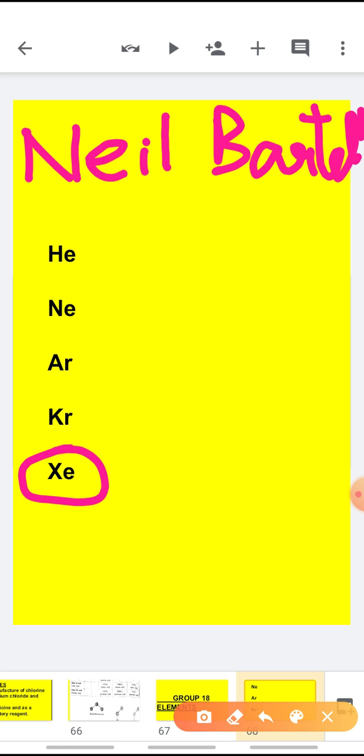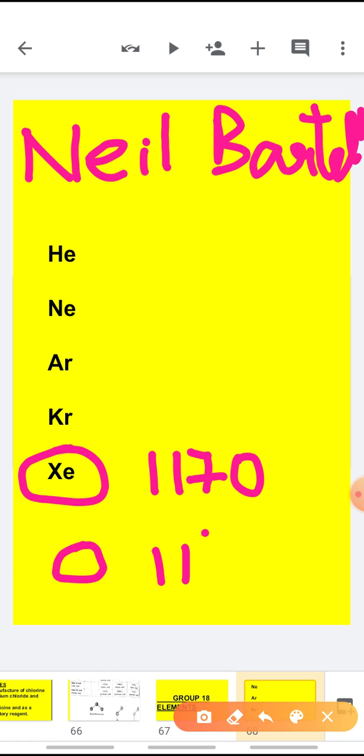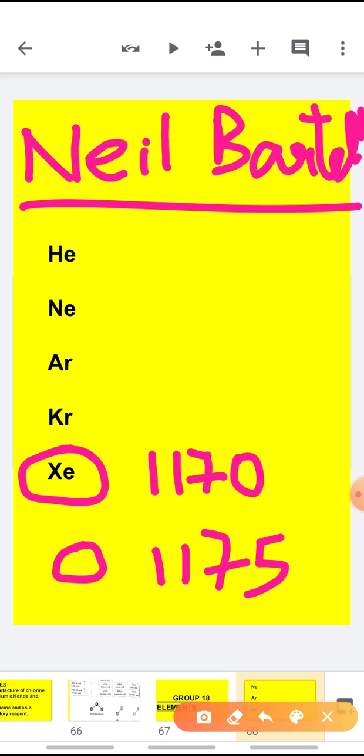Xenon and oxygen have ionization enthalpies of 1170 kilojoule per mole and 1175 for oxygen. So Neil Bartlett noticed that the ionization enthalpy of both the elements is quite similar.